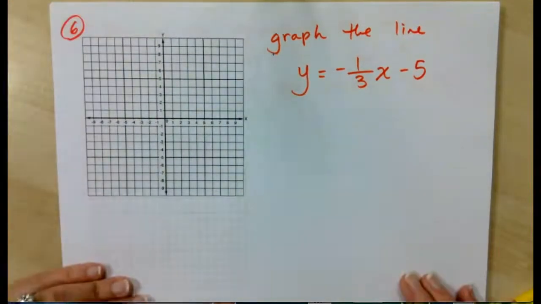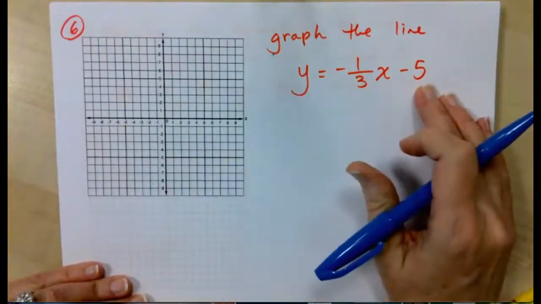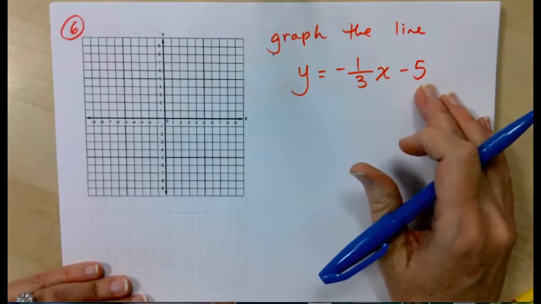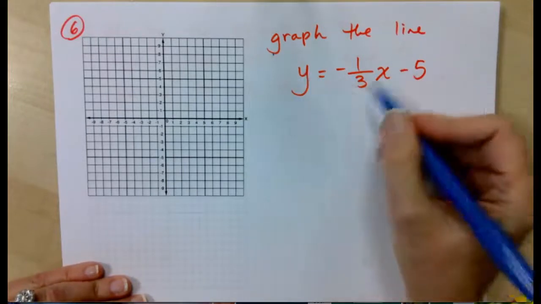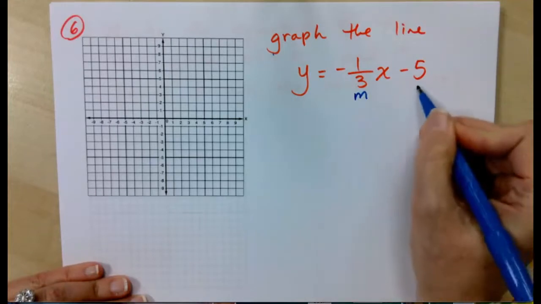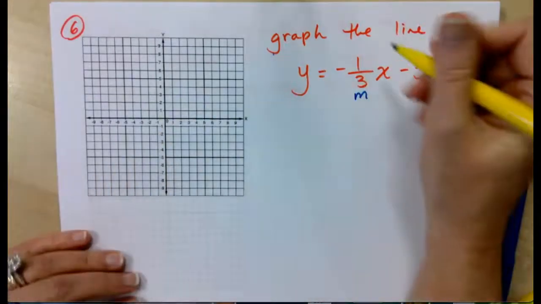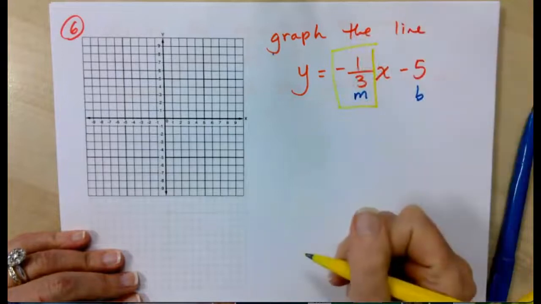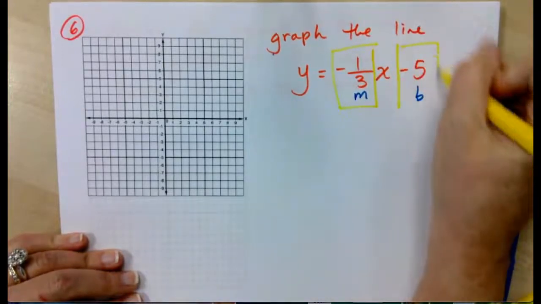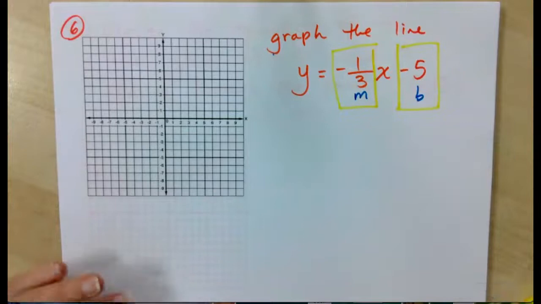Next, let's graph the line. This equation is already in slope-intercept form. Y equals mx plus b. So that means our slope is negative 1/3. Our y-intercept is negative 5.